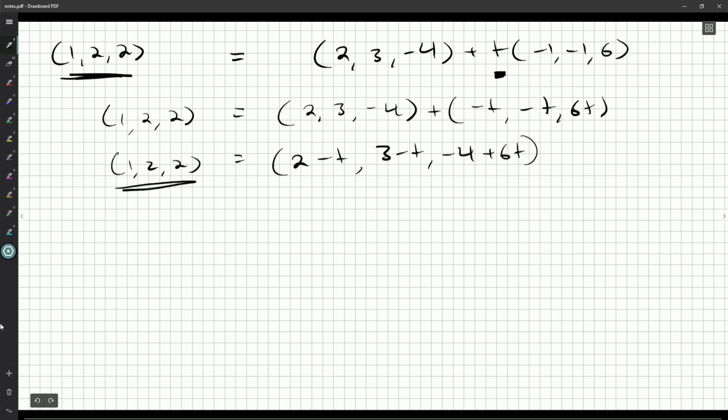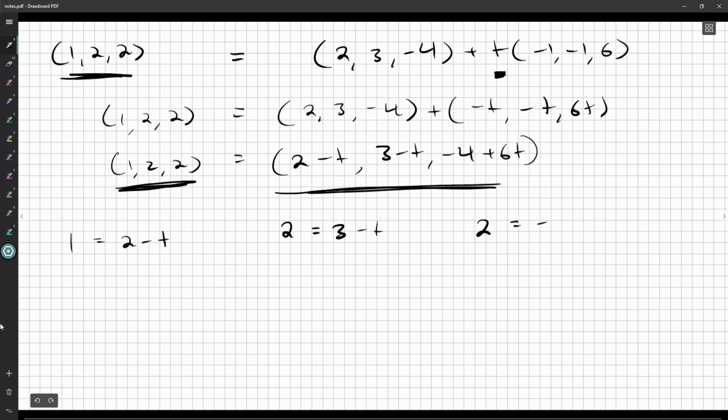So now we want this vector, (1, 2, 2), to be the same as this vector for some single value of t. This gives us a series of equations. The first components would have to be equal, so 1 would have to be 2 minus t. The second components would have to be equal, so 2 would have to be 3 minus t.